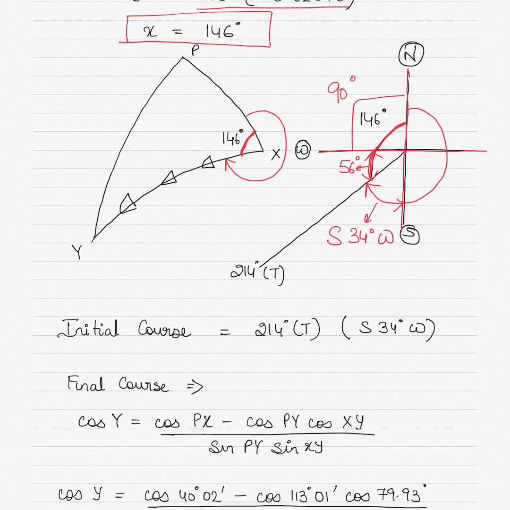But we always measure courses as southwest, southeast, northwest or northeast. So in this case I will measure it southwest, and the course is south 34 degrees west, which is also equal to 214 degrees true. That's why my initial course is 214 degrees true or south 34 degrees west.